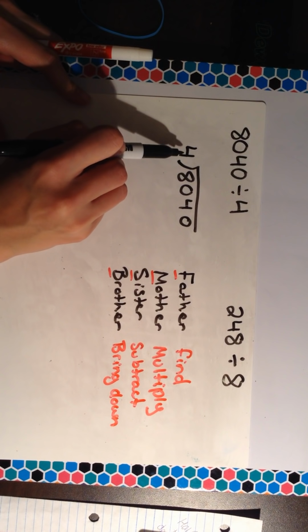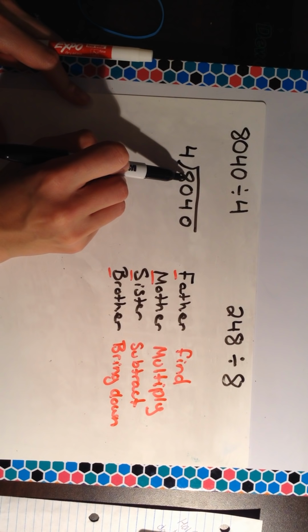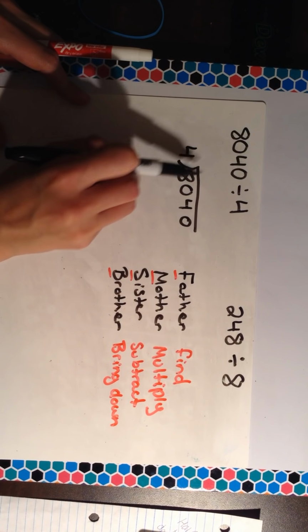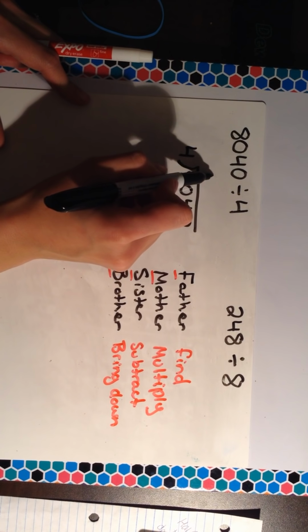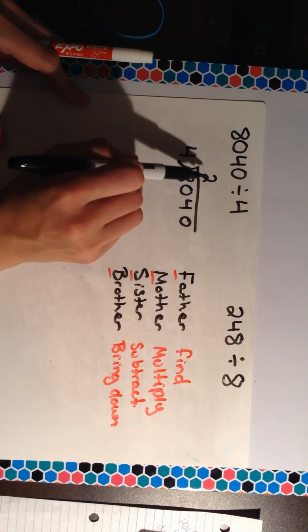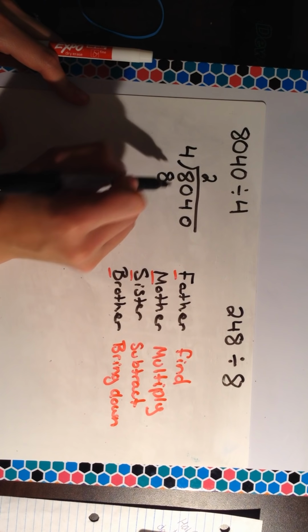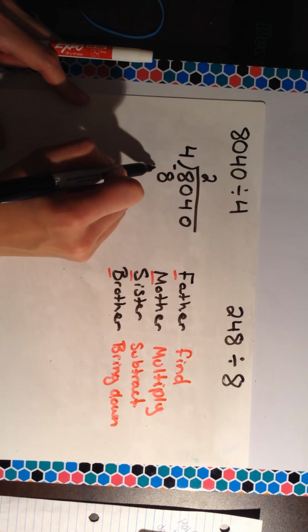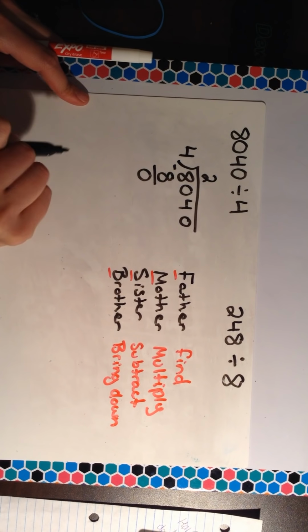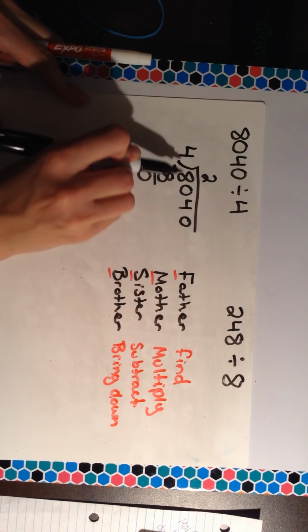And I have to think, well, one time, 2 times it goes in, but 3 times is too many. So I think twice. Now I need to multiply. 4 times 2 is 8. Sister, subtract, and this one went in perfectly.